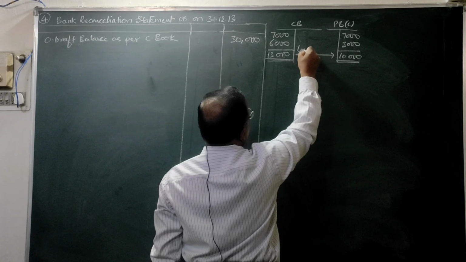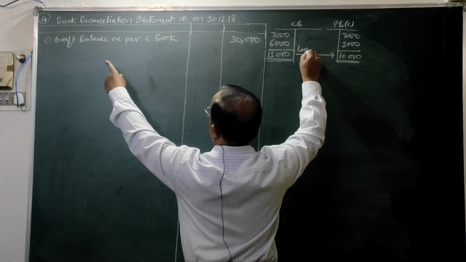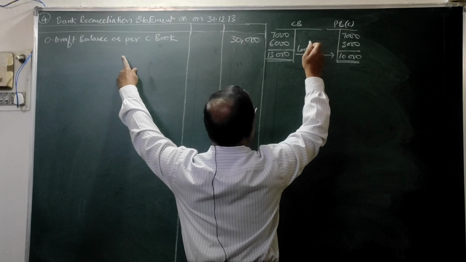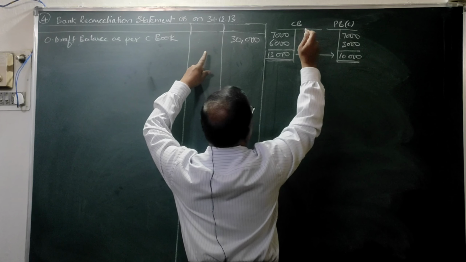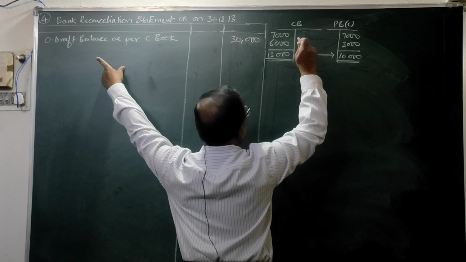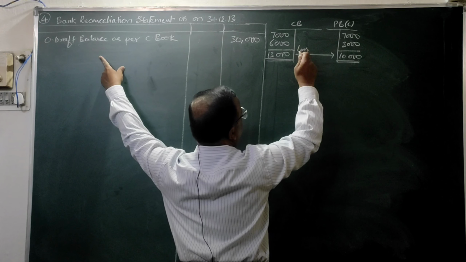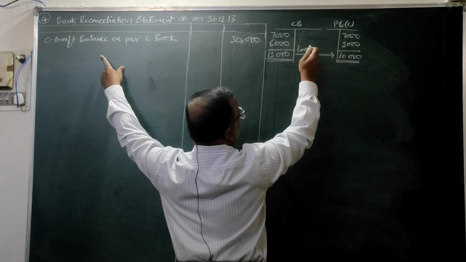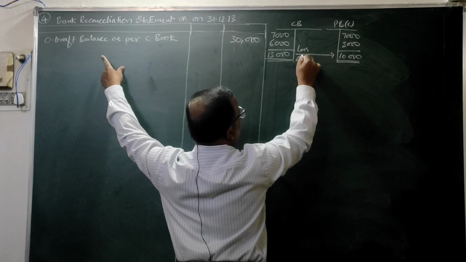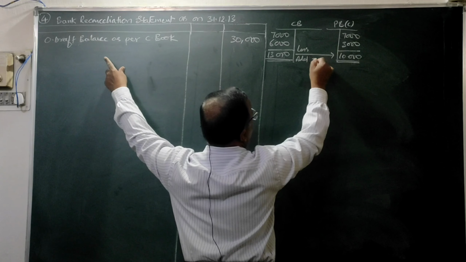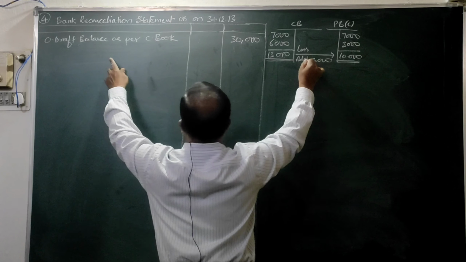Ordinarily, if we are starting with a favorable balance and you got less, you would have written less, the difference of 3,000, directly. But since this is an overdraft problem, if you get less, you are going to write it below add. If you get add, you are going to write it below less. So since this is overdraft, ordinarily less becomes add. How much is the difference between these two? 3,000. That means we should now write it as add here.